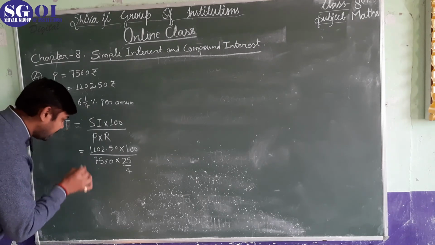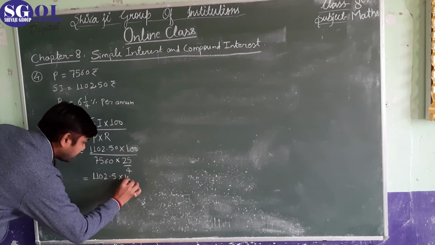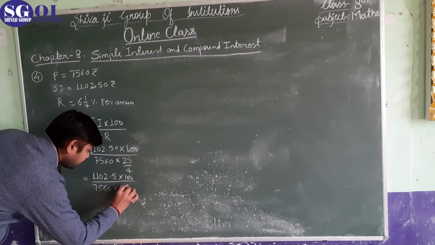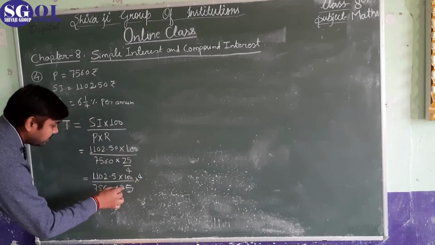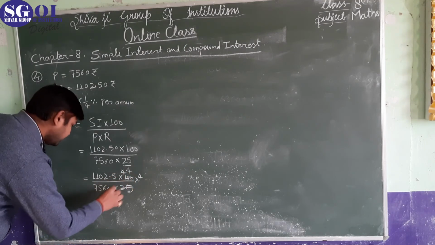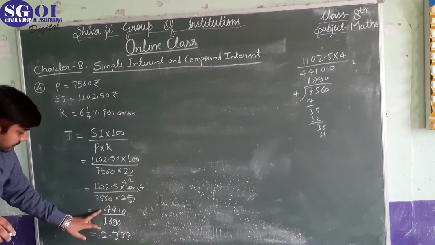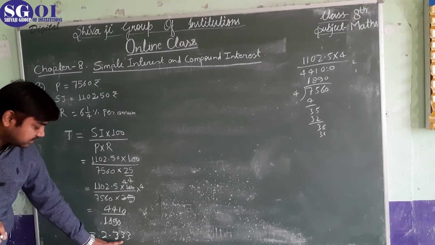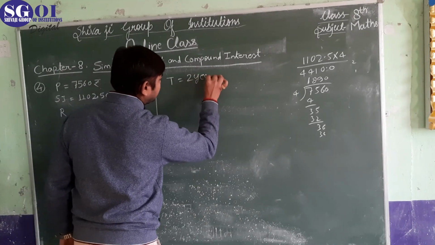It can be written like this: 1102.5 into 100 upon 7560 into 25 upon 4. Further, if we solve this, we get 4410 upon 1890, and if we divide this, we get 2.333, and if we convert this, the time will be 2 years and 4 months.